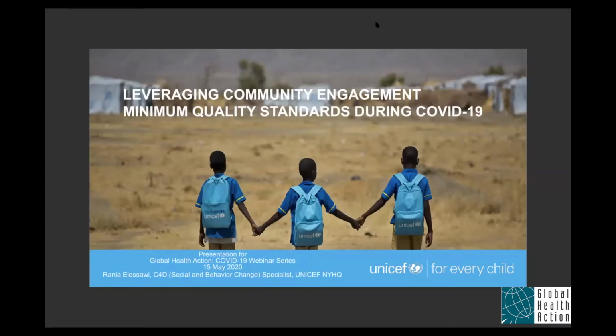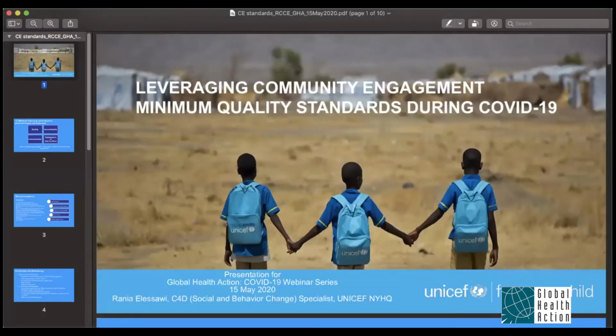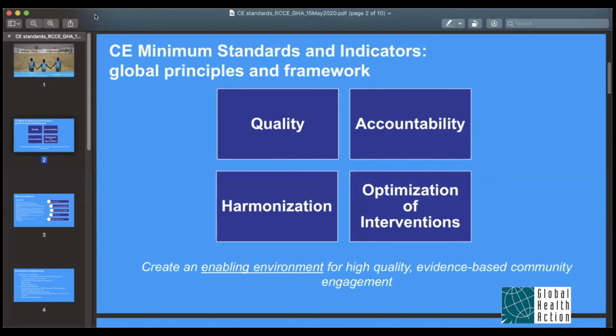So on that note, I will ask to go to the next slide and jump right into how the standards have actually been framed, what are the global principles and the framework that frames how we went about the community engagement standards. So next slide, please. Okay, so as I mentioned, community engagement is not new to any of us, particularly on this call.